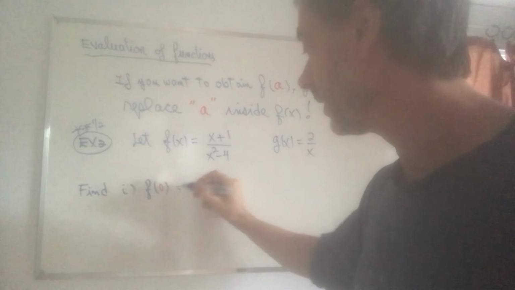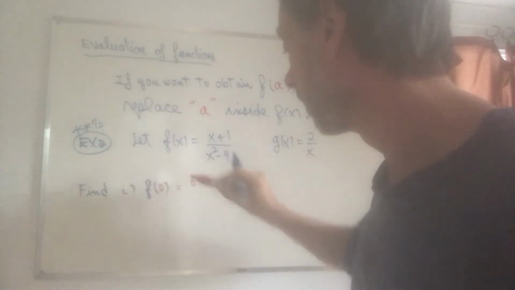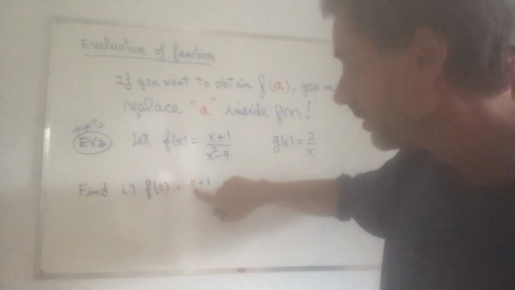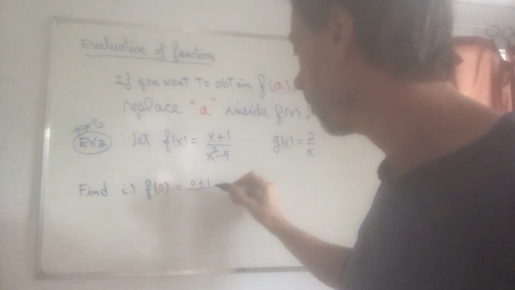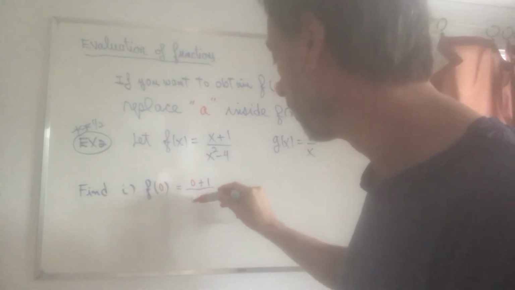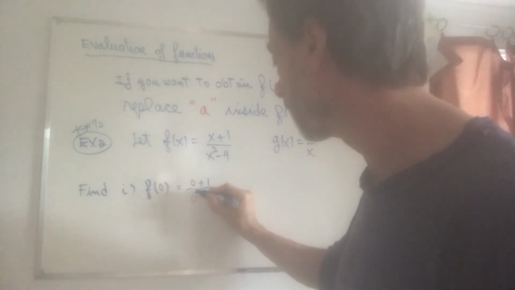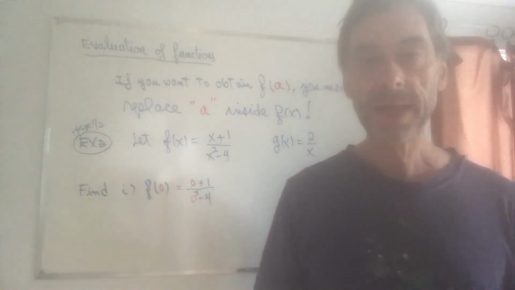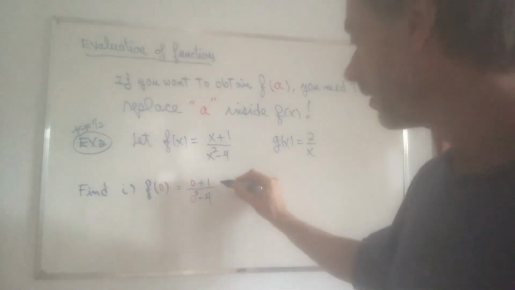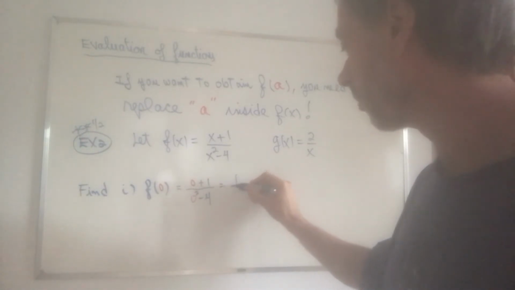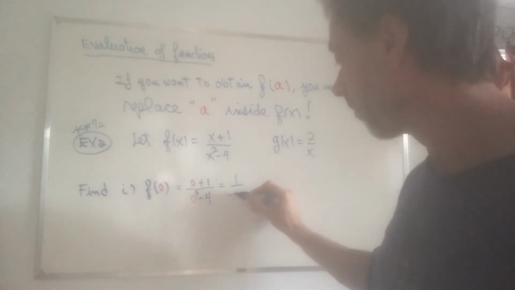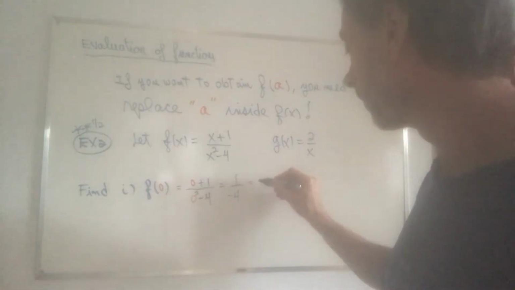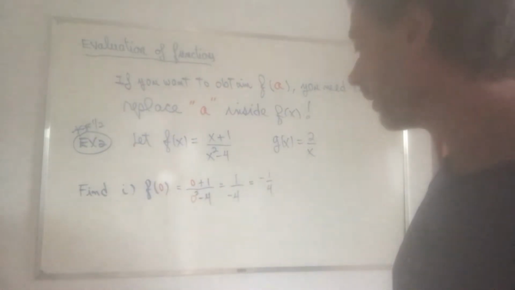So this would be 0 plus 1, because here I had an x, so I replace it with 0, over 0 squared minus 4. You just basically replace all the x's you have with 0, and then you have 1, 0 plus 1 is 1, and 0 minus 4 is minus 4. So f of 0 is minus a quarter.